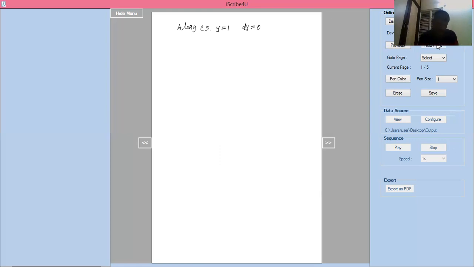Now along CD, which is C3 here, if I simplify, the integration along C3 of modulus of z square into dz is the integration of x square plus y square into dx plus i dy.